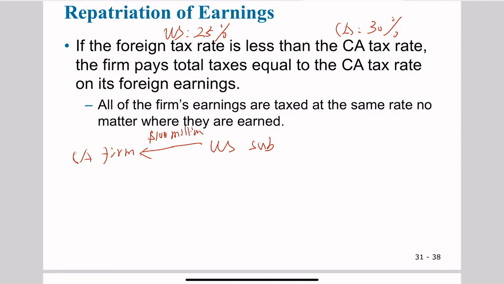Now, how the tax will be calculated? Well, first, in this case, the firm has to pay tax to the US government, right? And US's tax rate is 25%, which means here the firm has to pay $25 million of tax to the US government.